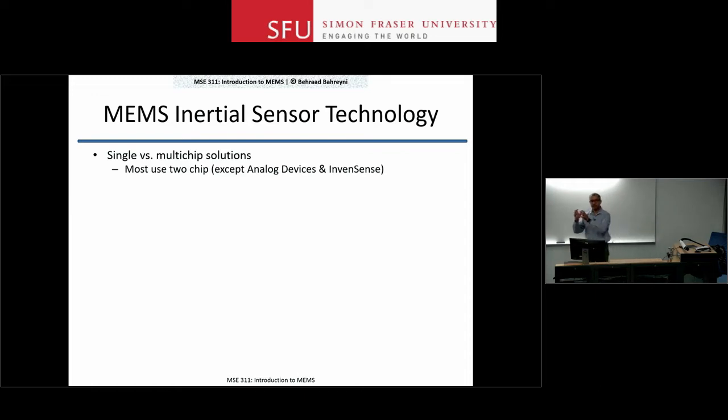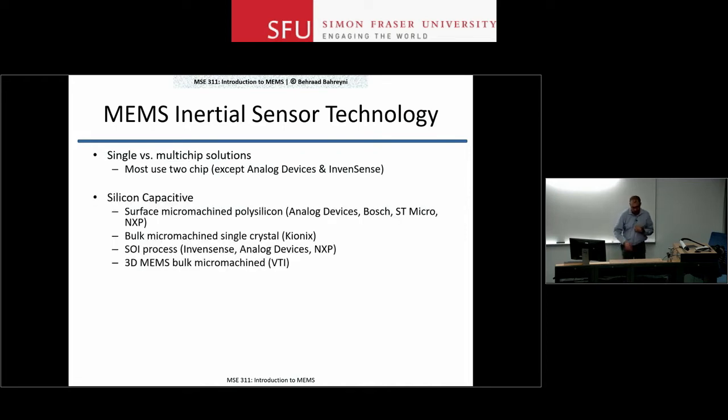You cannot have the best MEMS technology for your mechanical component because, for example, you cannot have a 100 micron or 200 micron layer of polysilicon on top of your CMOS chip. It's going to destroy the CMOS. And on the electronic side, you cannot use the latest technology. You want something robust that can survive a few post-processing steps when you're making the MEMS device. So there are pros and cons to both approaches.